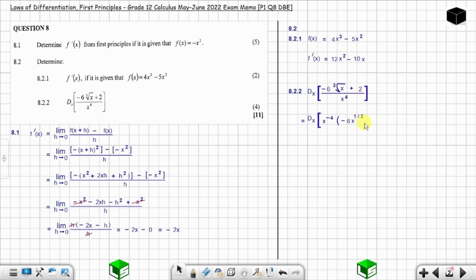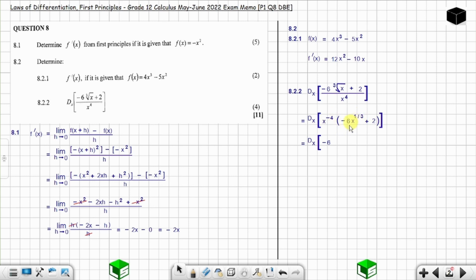And then plus 2. I close the bracket and I close the square bracket. So this is equal to, you still have this because we are not taking the derivative. That's why you still have this. So you have this times this. So you have minus 6, and this times this.